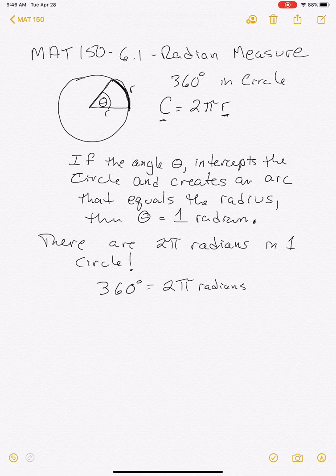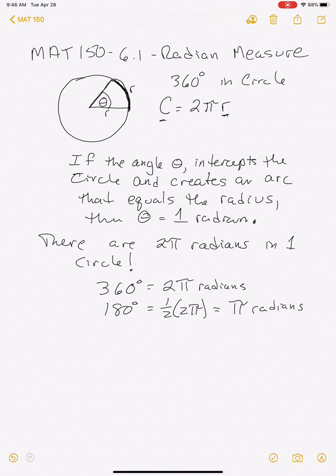And that's really the important thing to keep in mind. We know that 180 degrees would be half of that, just pi radians. These are relationships that you just remember and go from there.